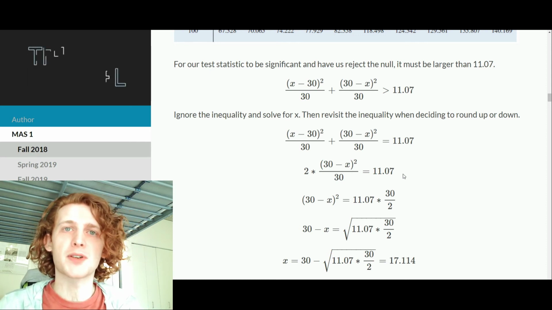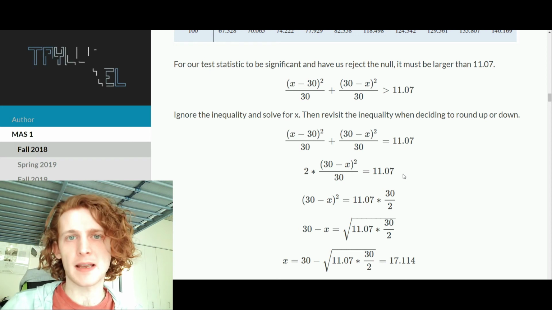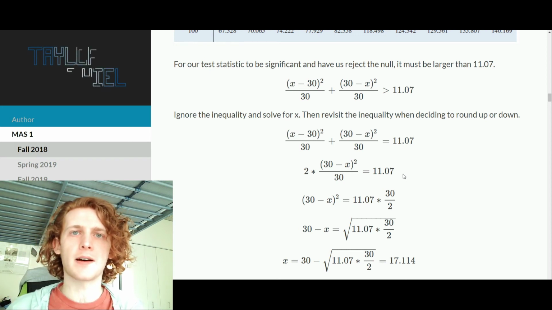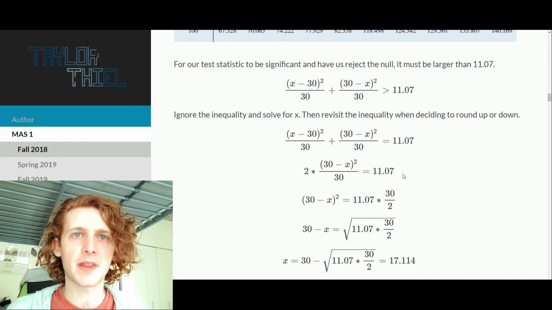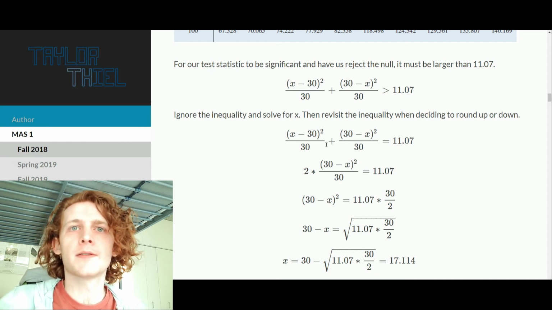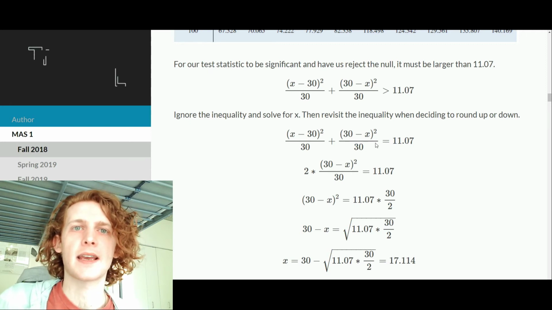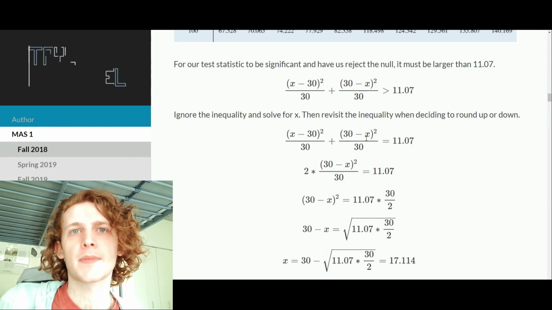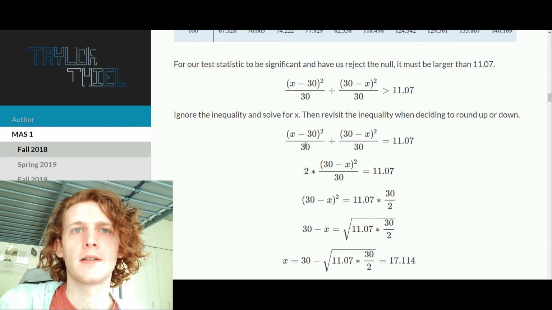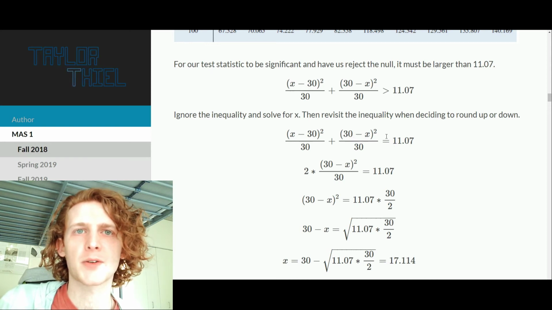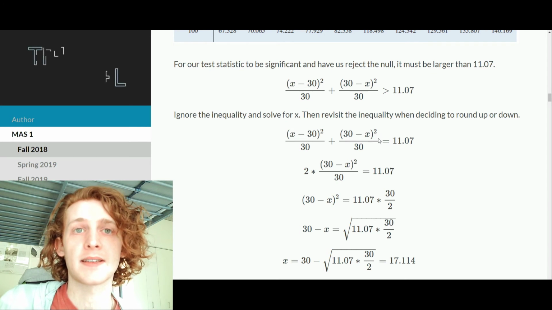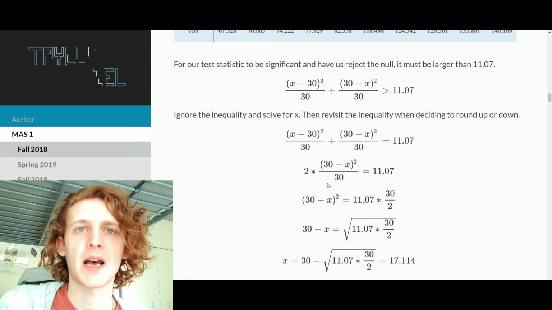So what we can do is just set it equal, solve for x, and once we know our x, we'll come back and deal with the inequality. First off, I just have that written here, and then this is the same as doing, so x minus 30 squared and 30 minus x squared is the same, so we can just take one of those and multiply it by 2.